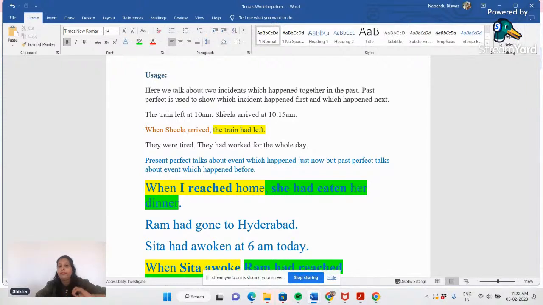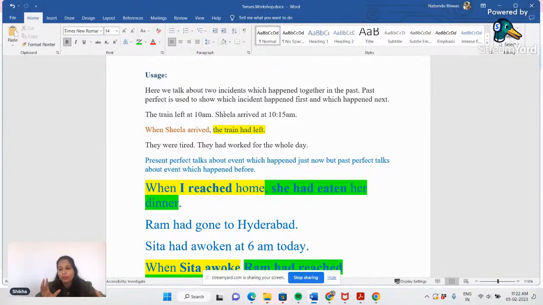So the train left at 10 a.m. Okay, this is one clause. Sheila arrived at 10:15 a.m. So which is the first incident which took place? At 10 a.m. the train left, and at 10:15 Sheila arrived. So first the train left and then Sheila arrived at the station.